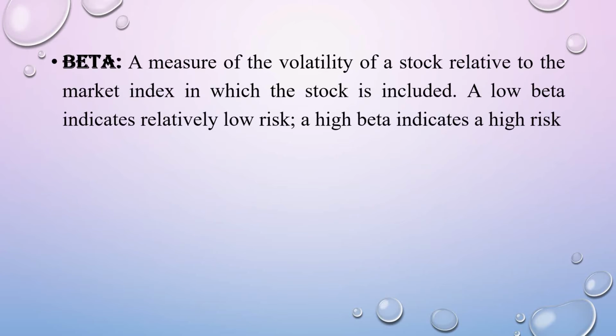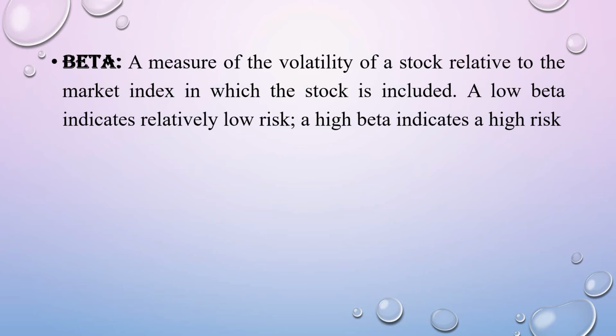Next one is beta. What is beta? It is a measure of the volatility of a stock relative to the market index in which the stock is included. Volatility means the rise or decrease in the prices of securities.